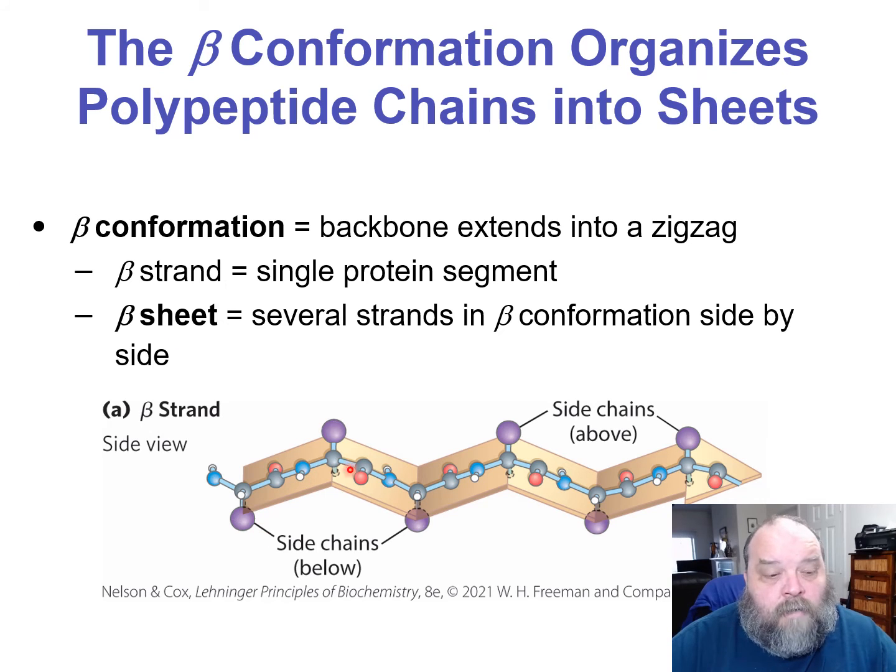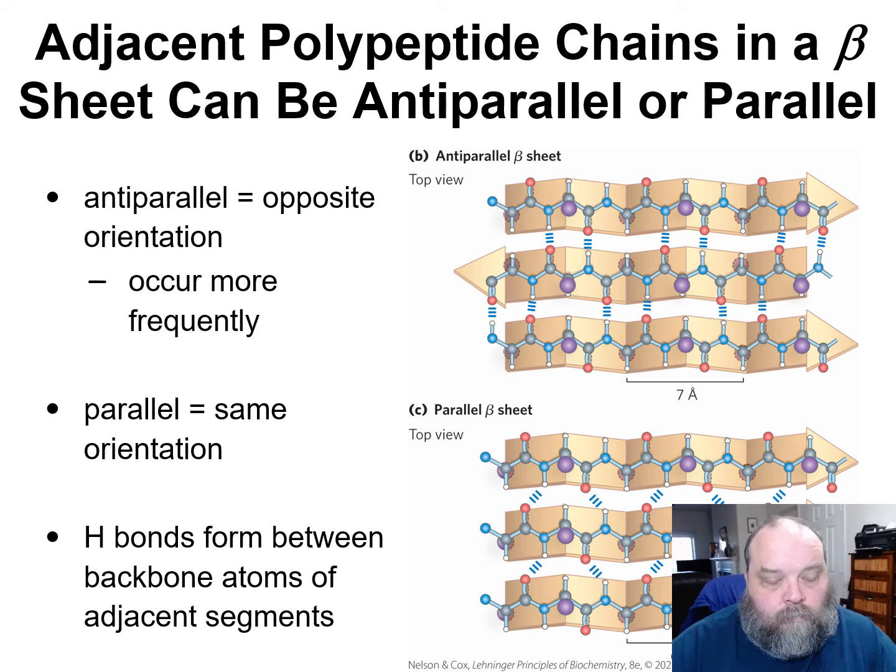So, this up-down orientation allows for the R groups to be pointed above and the R groups to be pointed below the overall strand itself. You get enough of these strands together, laid side by side, and you have to take into account amino and carboxyl termini.